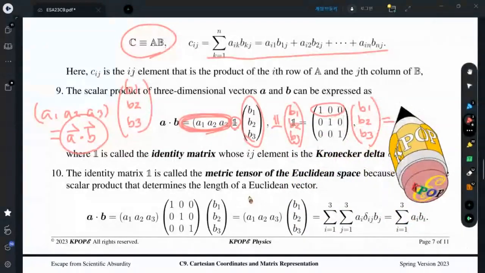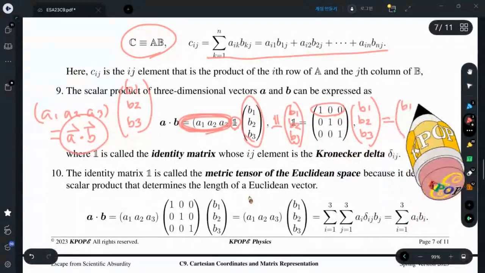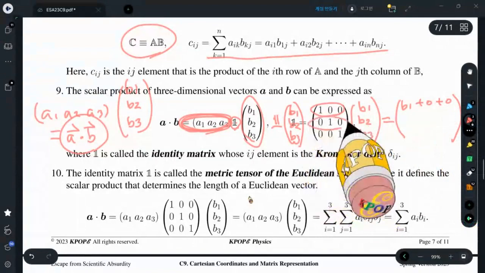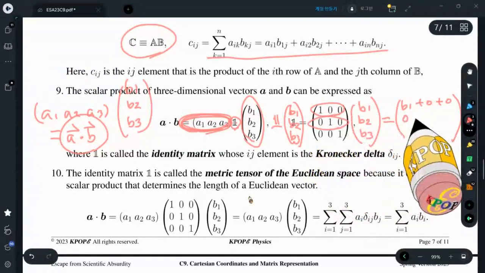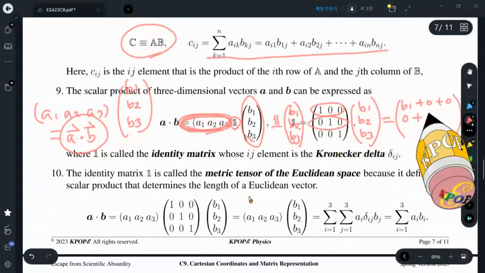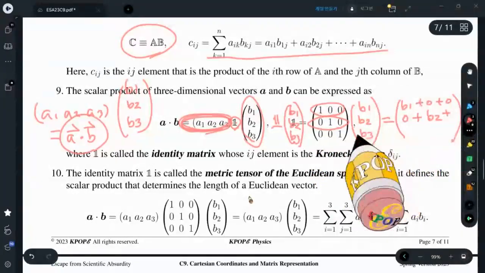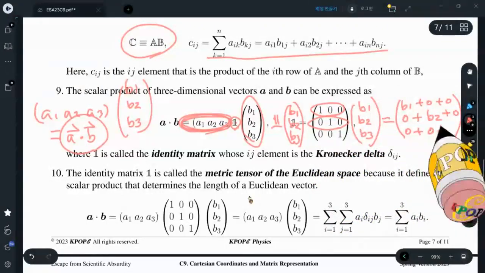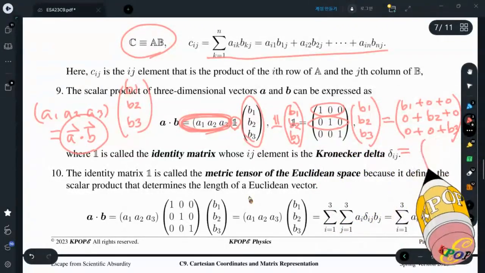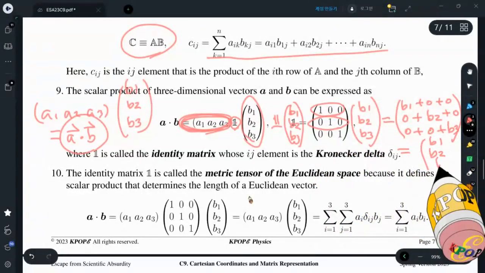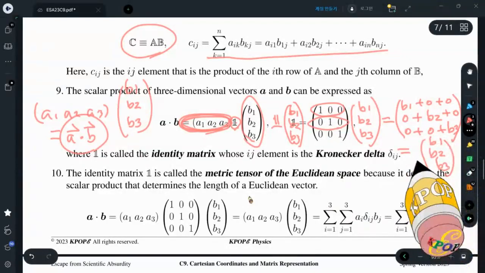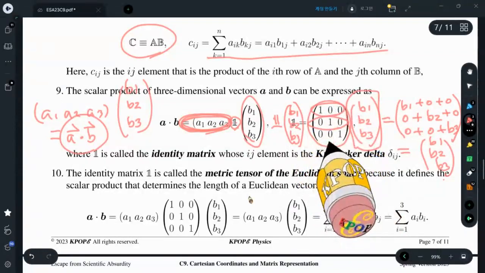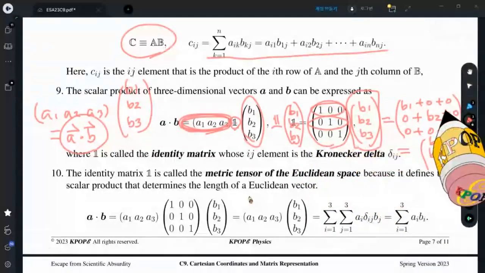If I multiply everything, B1 plus 0 plus 0. Next, B1 times 0, that is 0. B2 times 1, B2. And this one is 0. 0, 0 plus B3. So finally, we find that the result is identical to what we inserted. So this operation doesn't change anything.